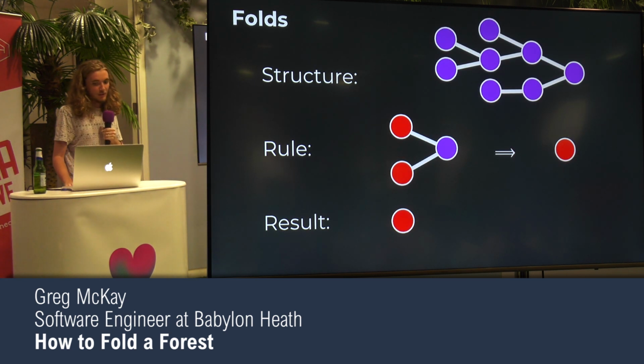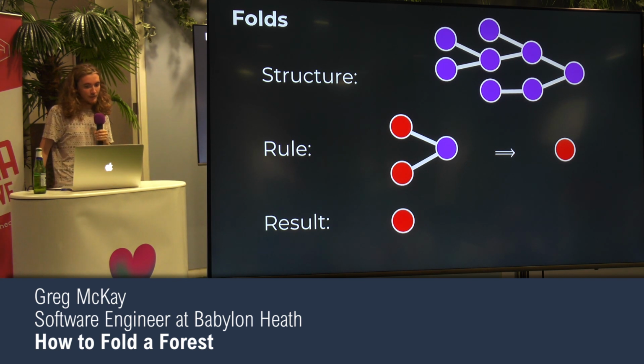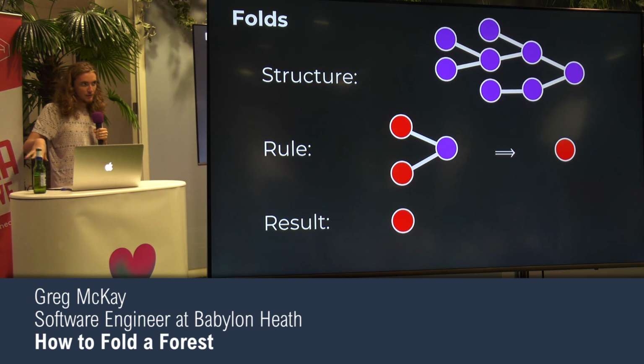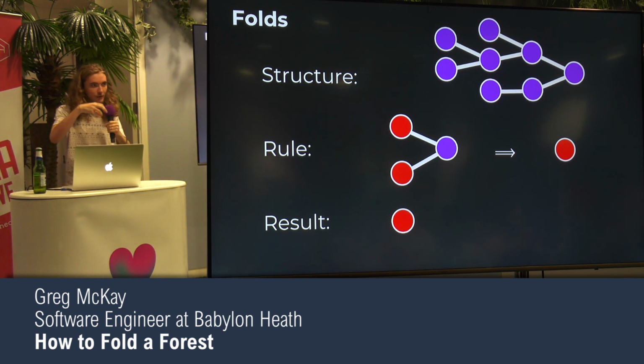And we can do something similar on a tree. This time, our rule would take, say, a node and two children, which are already folded up this time, and map it to a new folded up value. What that'll do is take your tree, start with the leaves, and then repeatedly fold it until you get a single value at the end.